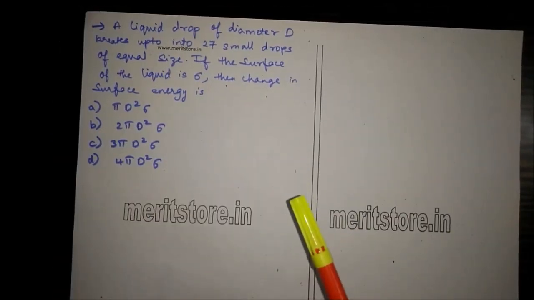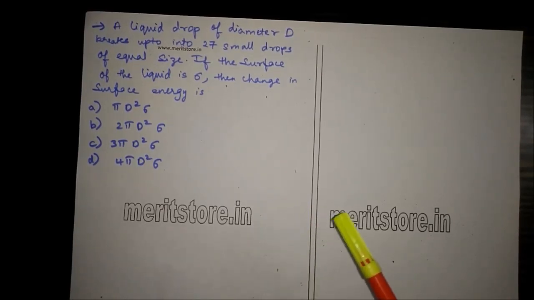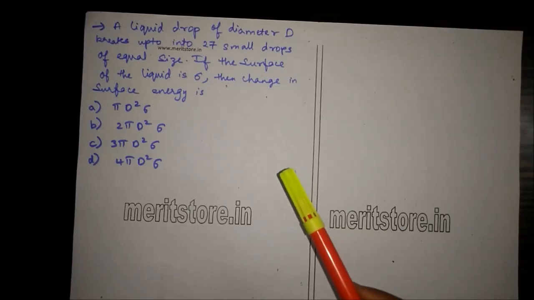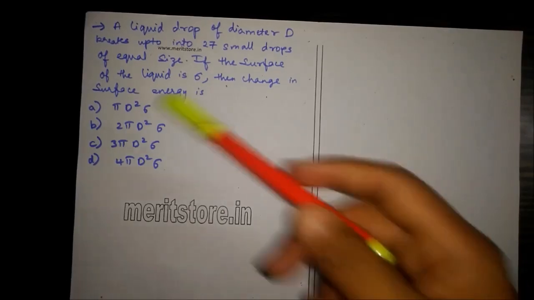A liquid drop of diameter d breaks up into 27 small drops of equal size. If the surface tension of the liquid is sigma, then the change in the surface energy is, here are the options.